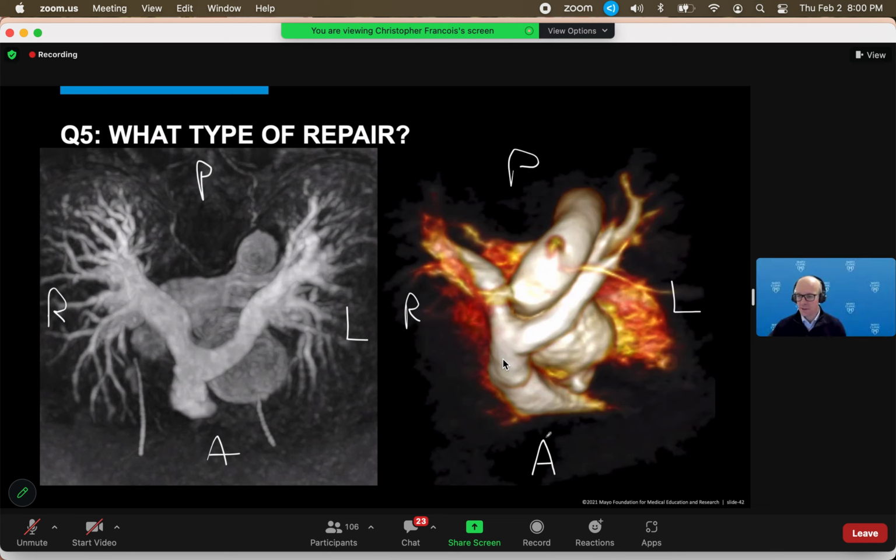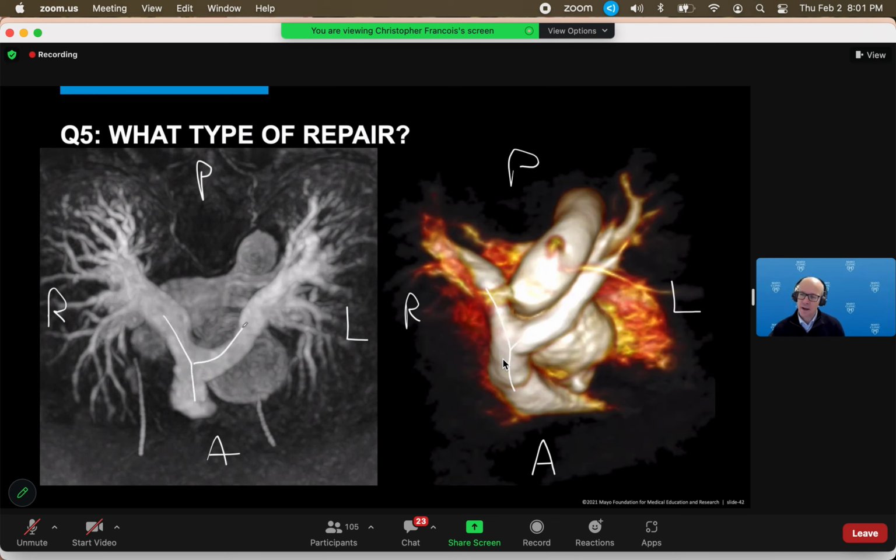Yeah, so here we're looking top down, and the way I'm displaying this, the patient is in a prone position. So here's the main pulmonary artery, the right pulmonary artery, the left pulmonary artery. In this case, the main pulmonary artery is bifurcating in front of the ascending aorta.